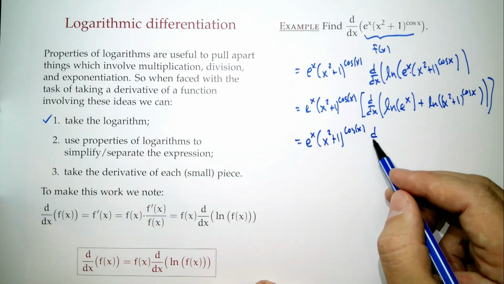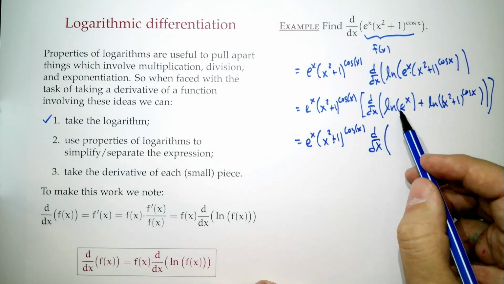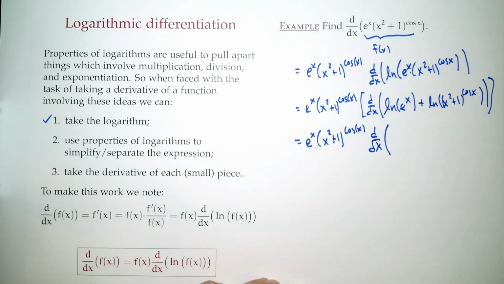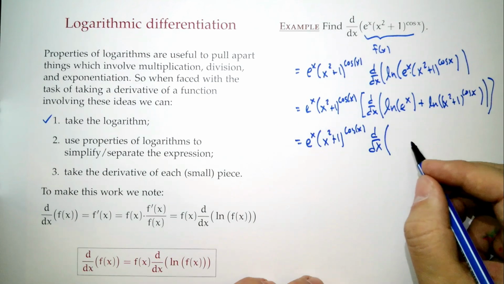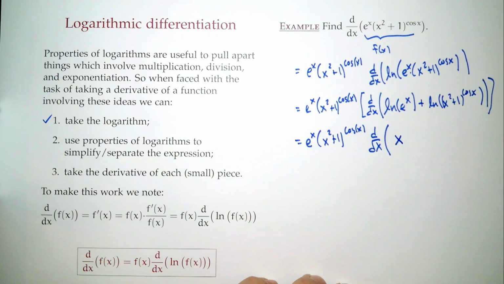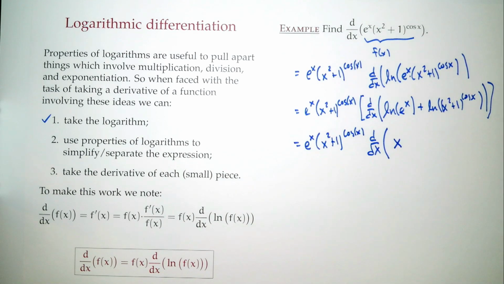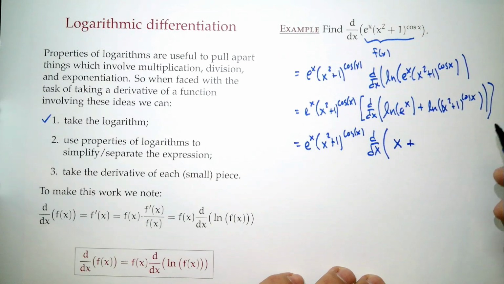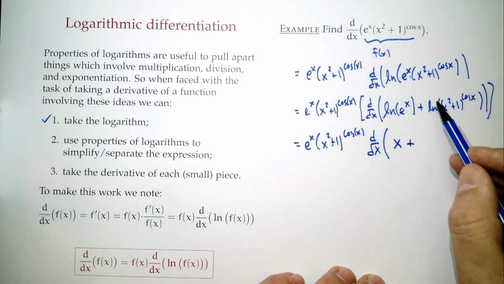And, well, natural log of e to the x. What does that become? It becomes x, because natural log and e are inverse functions of each other. So that first term becomes x. Can we do anything with the second term? The cosine can come down.